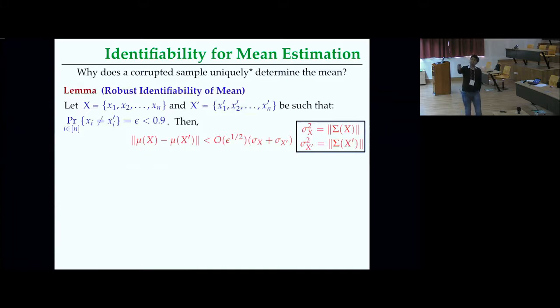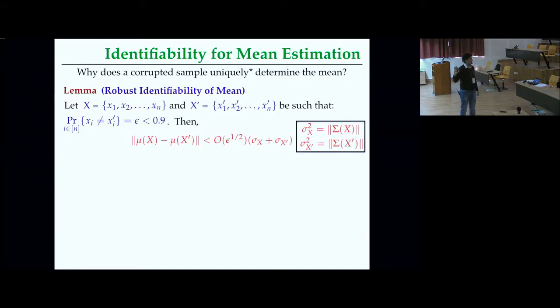Then the distance between the estimated means from the two samples, x and x prime, is at most epsilon to the 1/2 times sigma x plus sigma x prime. Here sigma x is the square root of the operator norm of the empirical covariance of the sample x, and sigma x prime is the similar quantity for x prime.